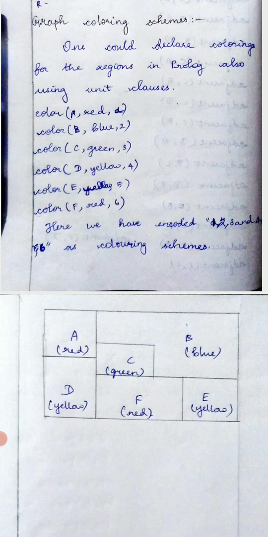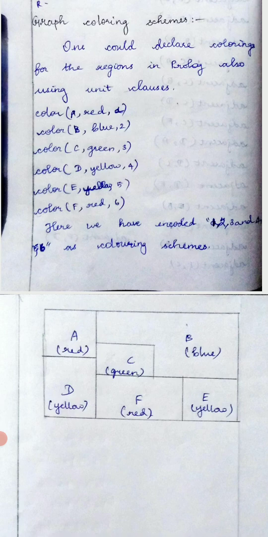Next C: we use green color, and color D is yellow, and now color E. Color E also uses yellow because D and E are not adjacent. So the yellow color of D is also used for E. That's no problem.